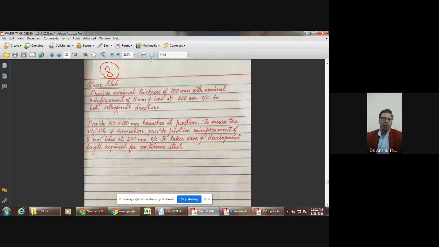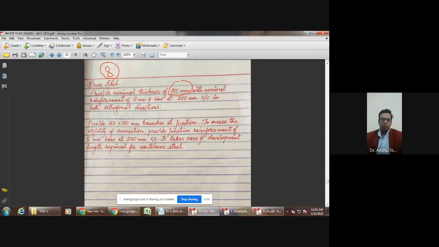Yes, as we discussed yesterday, the day before yesterday we finished the numerical of the flexible base. In that also, what did we do for the base slab? It was resting on the ground and I have explained to you that the stresses are going to be very much nominal. So you can straight away provide a slab which is having 150 mm thickness. You have to write the same way as I have written here in the red color. You can see that provide nominal thickness of 150 mm with nominal reinforcement of this.